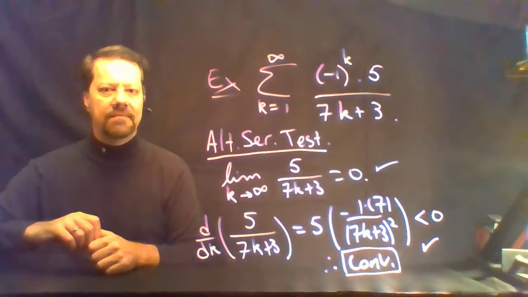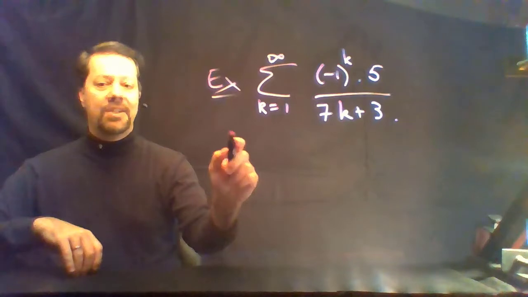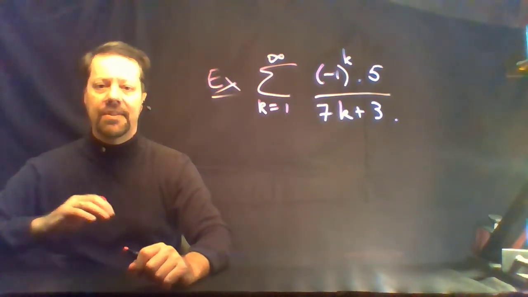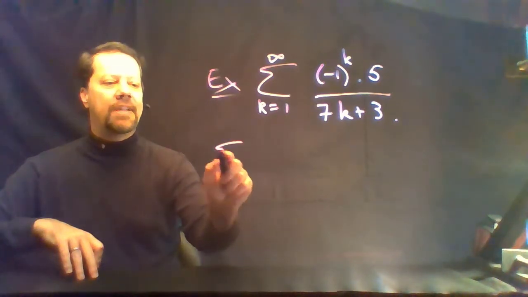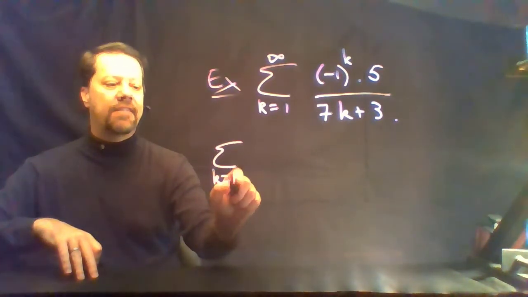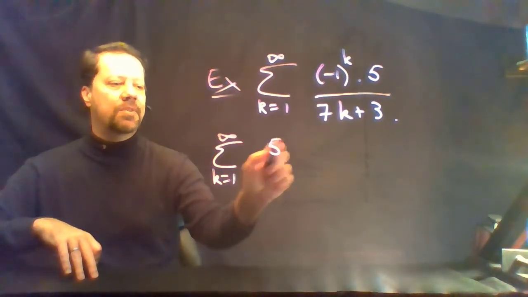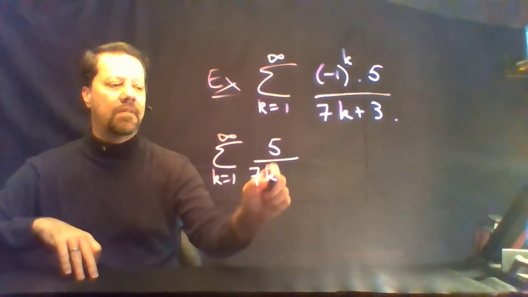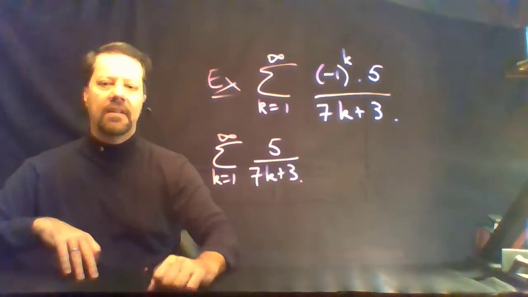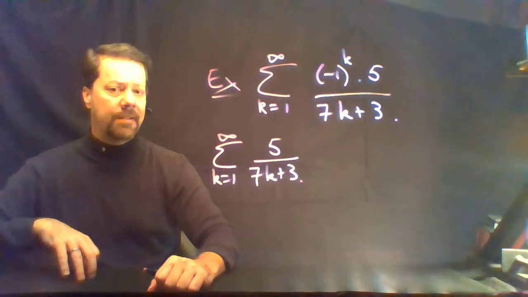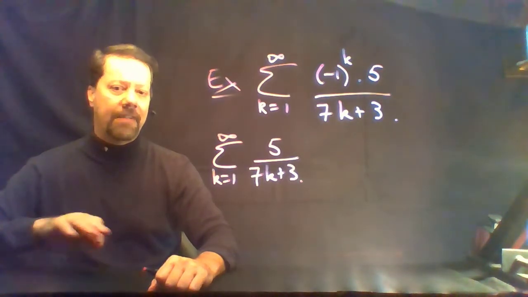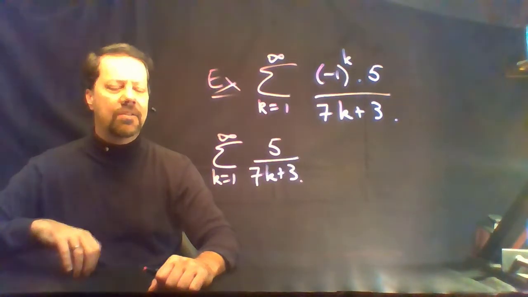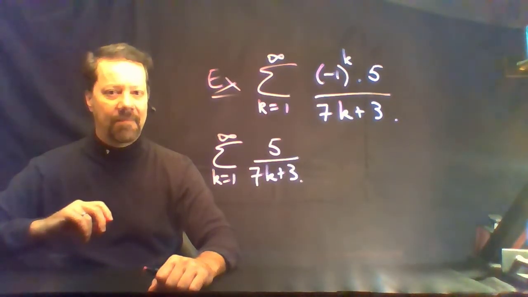But we're not done. We still need to determine whether or not the series converges absolutely or conditionally. To do that, we look at the series of absolute values of these terms. What test do we apply here? If we ignore all of the unimportant factors and terms, this looks a lot like 1 over k.